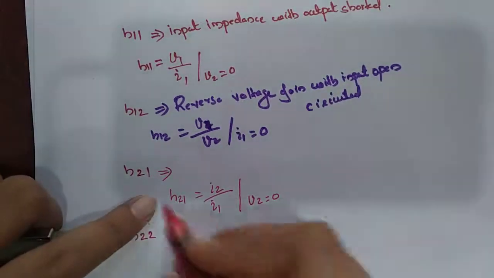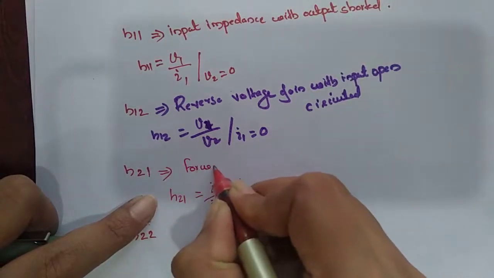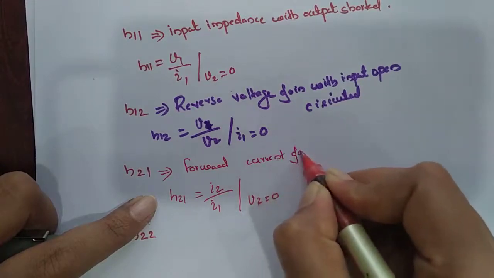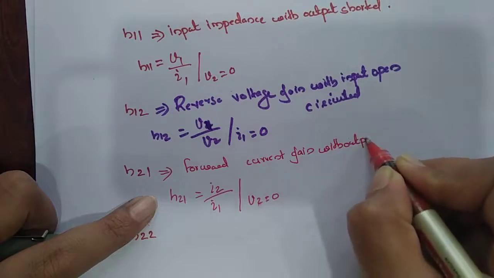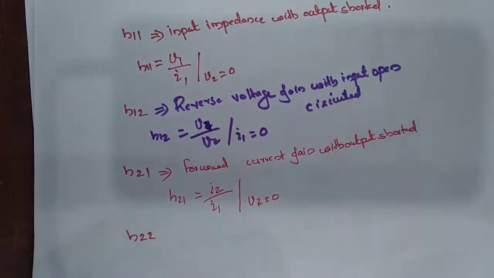So how can I call this H21? I2 by I1, that is forward current gain with output short circuited.